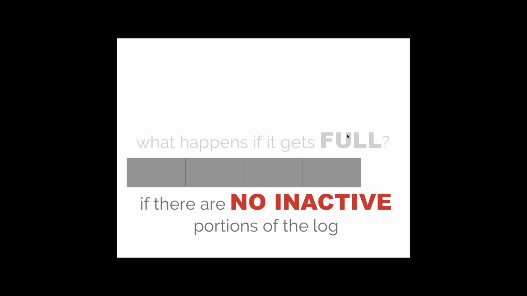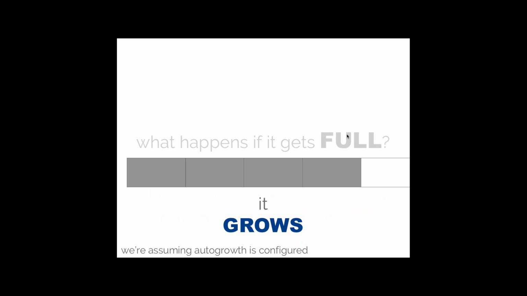Now let's continue. If there are no inactive portions of the log, this is where it starts growing. Of course, we're assuming that autogrowth is enabled or configured. By default, it is. But in some cases, you might not consider auto-growing your database files.